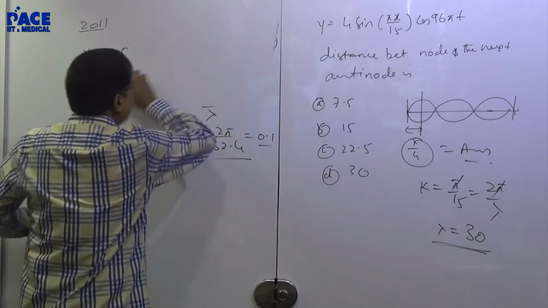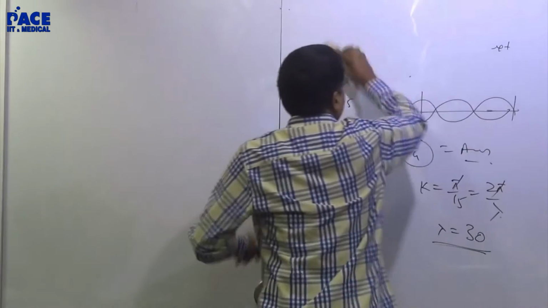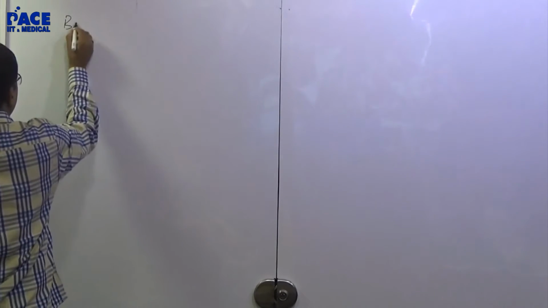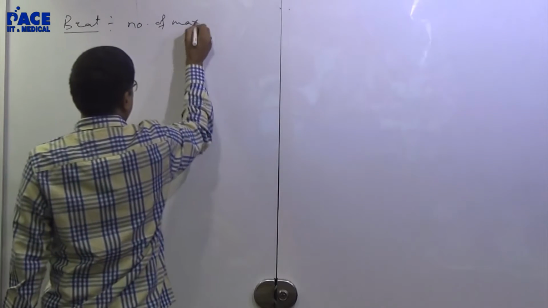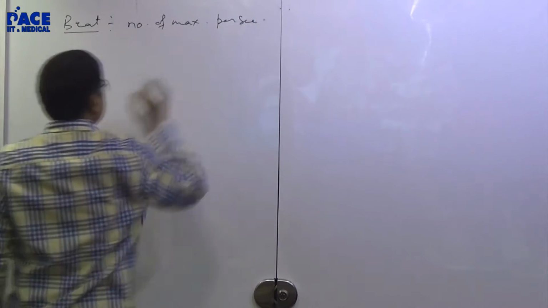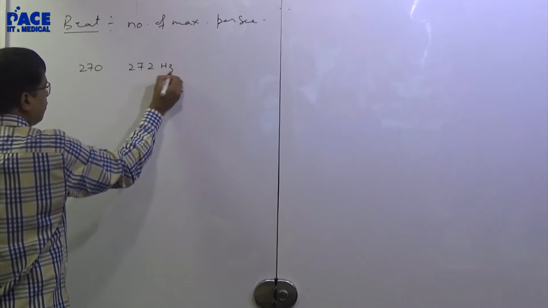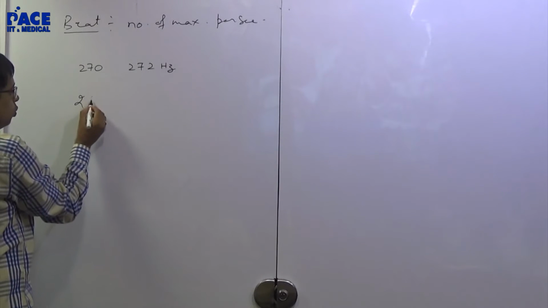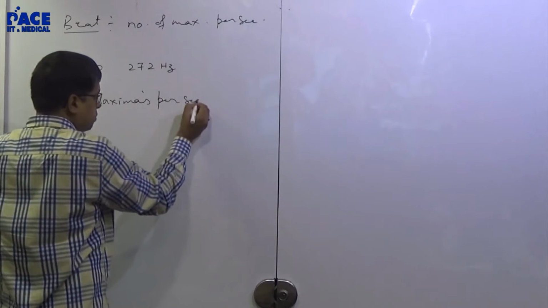The next concept that they are touching is beat phenomena and resonance tube apparatus. Beat phenomena is nothing but the number of maximas per second. If 270 and 272 hertz tuning forks are sounded simultaneously, you will hear 2 maximas per second.